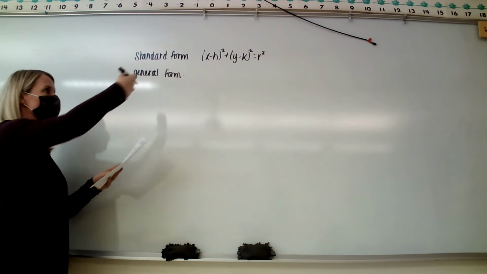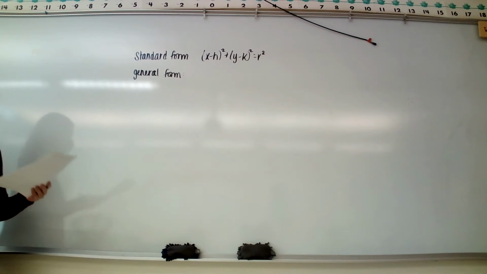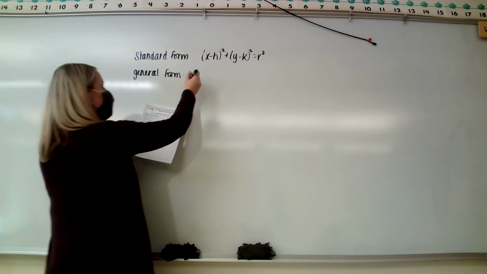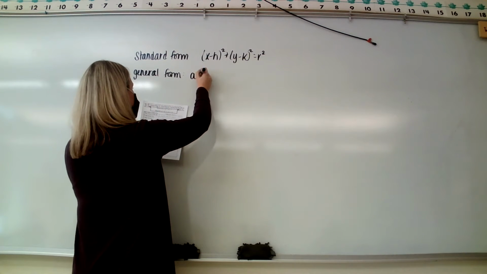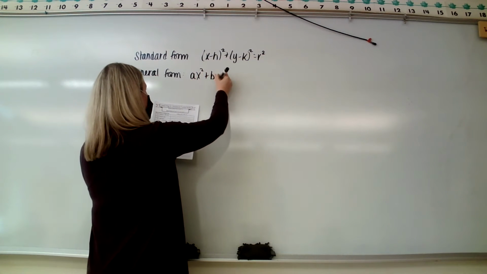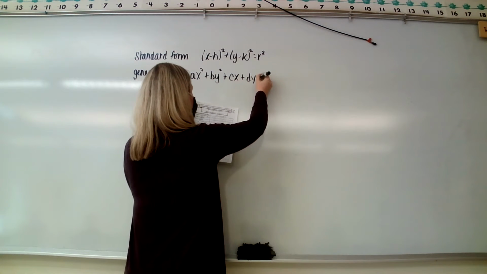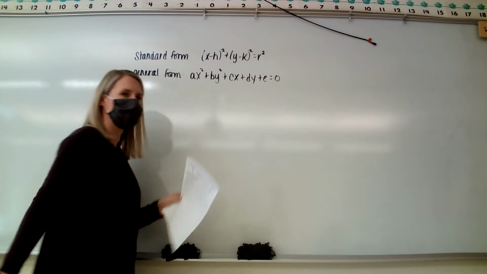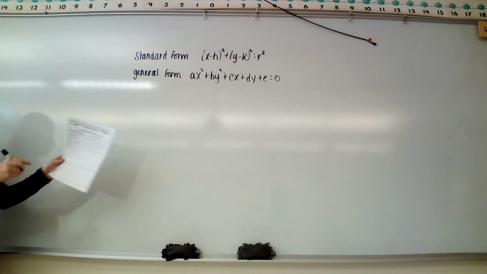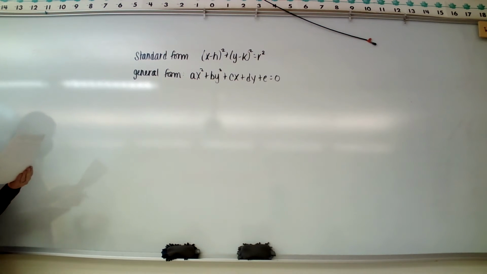So basically, that's what's going to happen when we multiply everything out and simplify that. And it comes out to ax squared plus by squared plus cx plus dy plus e equals 0. So it's right at the top there, so I was just rewriting it for reference.